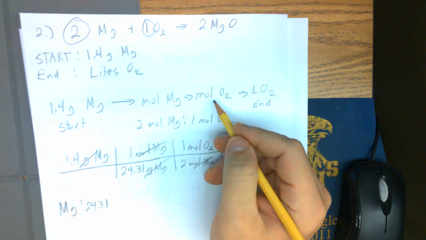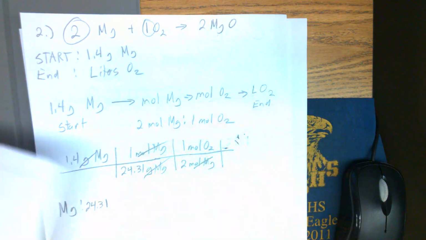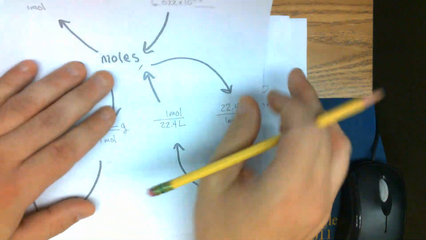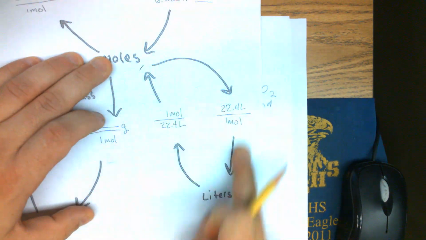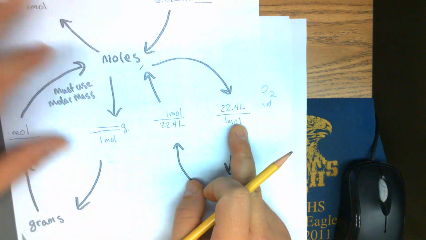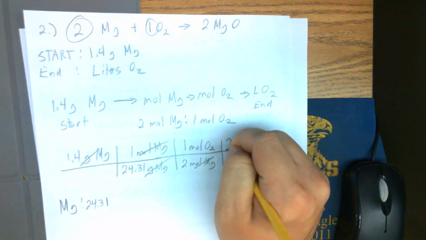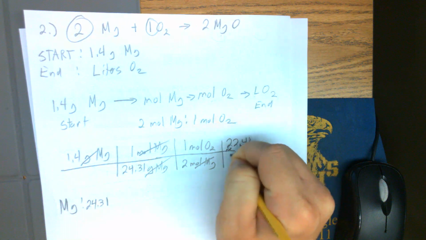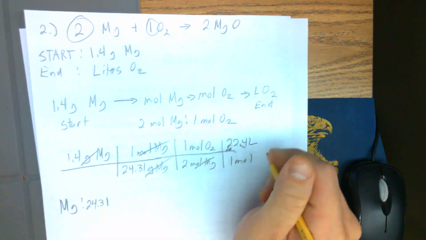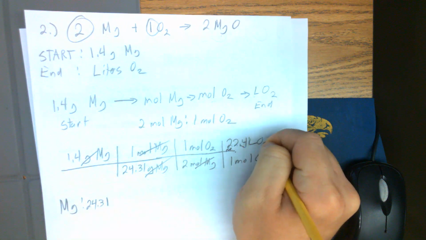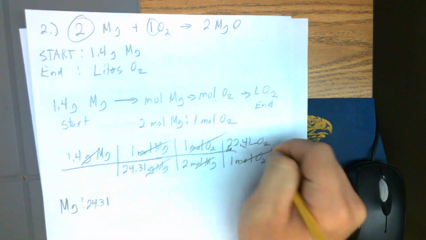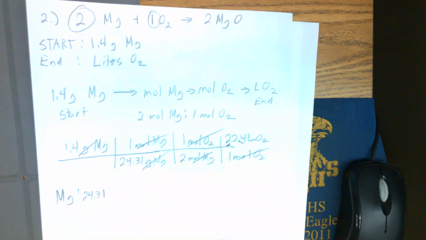Last step, we're looking here, going from moles to liters. So moles to liters, we're going to follow this path. 22.4 liters over 1 mole. And this is going to be oxygen and oxygen, so this crosses out, and we get our answer.